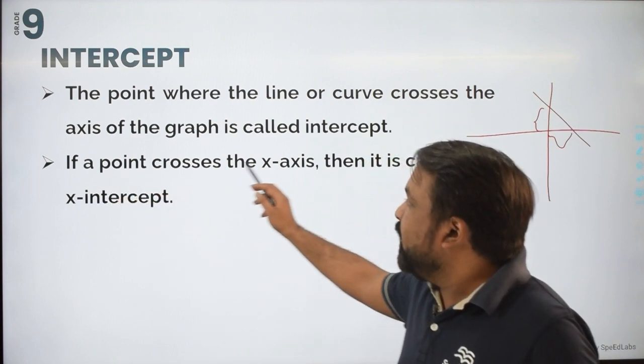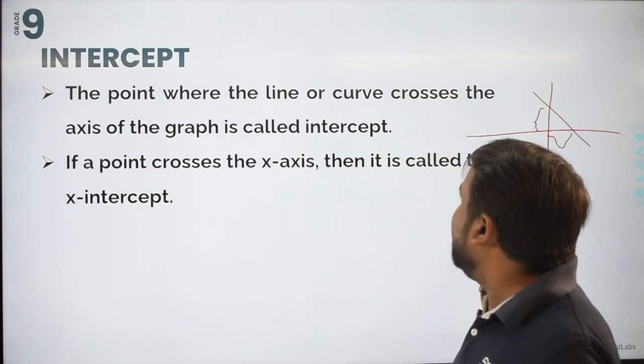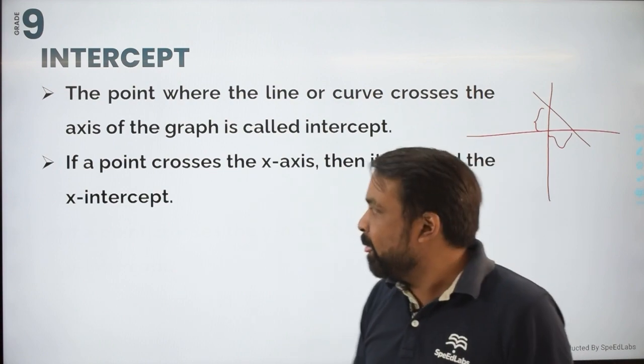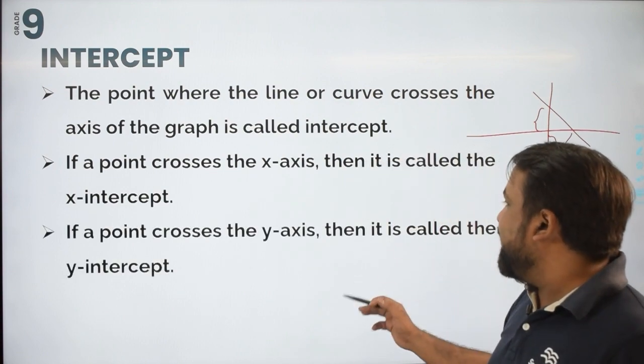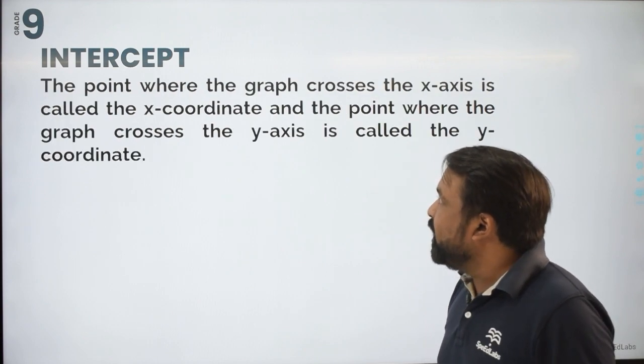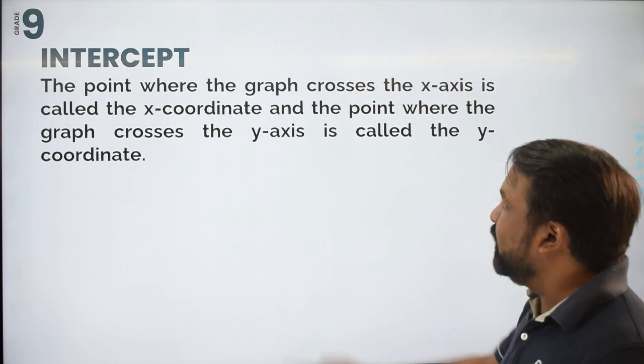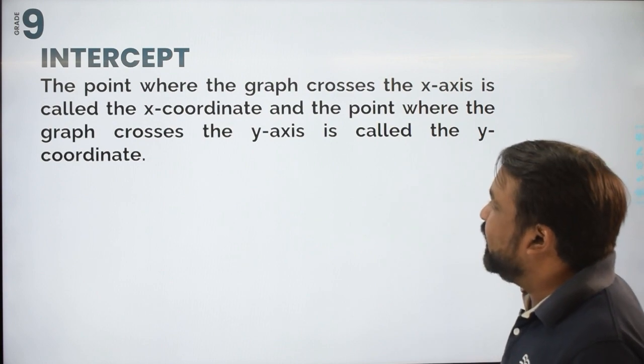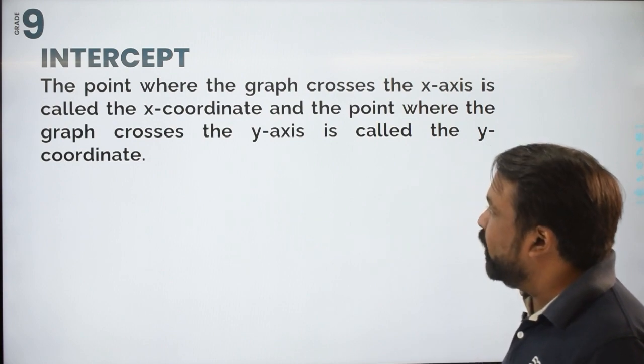If a line crosses the x-axis, the point is called the x-intercept. If it crosses the y-axis, it is called the y-intercept. The point where the graph crosses the x-axis is called the x-coordinate, and the point where the graph crosses the y-axis is called the y-coordinate.